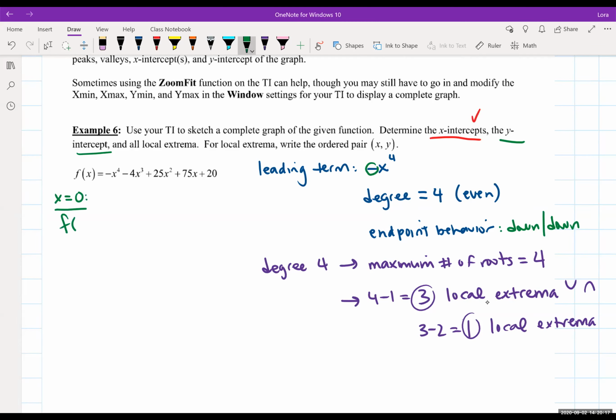So if you were to plug in 0 to your function, and you really don't have to manually do this, you can start to see that all the terms that have x in them end up zeroing out and, in a sense, disappearing. So you end up getting, when x equals 0, y equals 20. There's a y-intercept there.